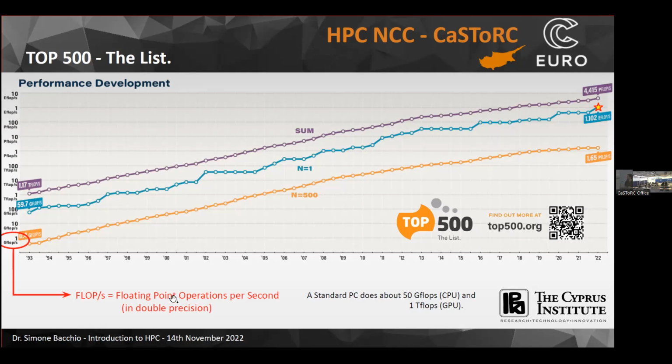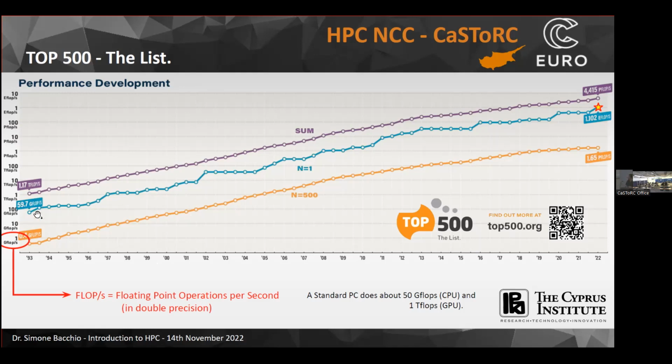And okay, this is measuring double precision, so with standard double numbers. And so 1 gigaflop means that you can do 1 billion of these floating point operations per second. Okay, and exaflops are, yeah, billions of billions.